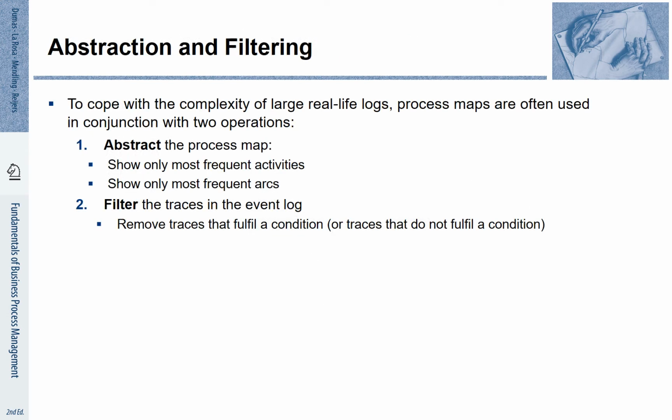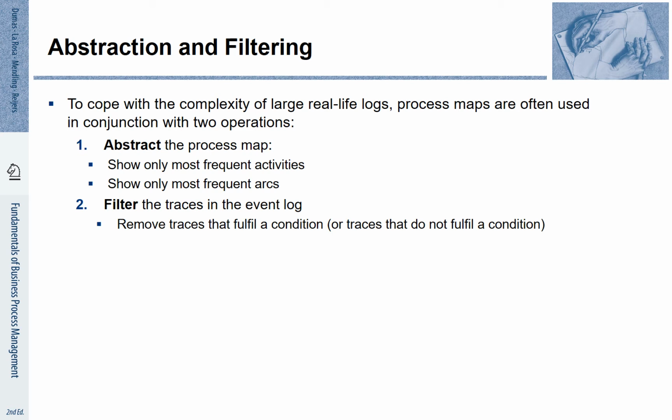In practice, the number of events of a particular event log can be very large, and even larger can be the pairs of consecutive activities that we observe. In order to cope with the complexity of these real-world event logs, we have 2 options available.